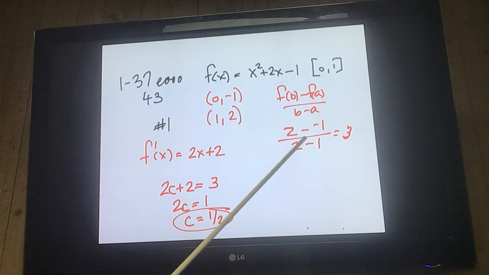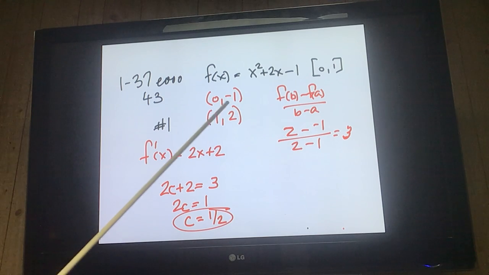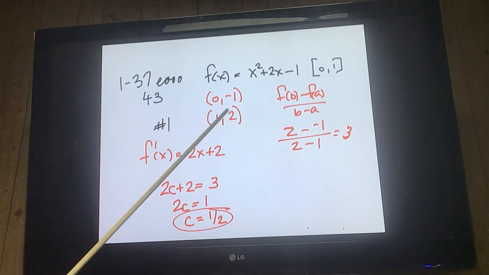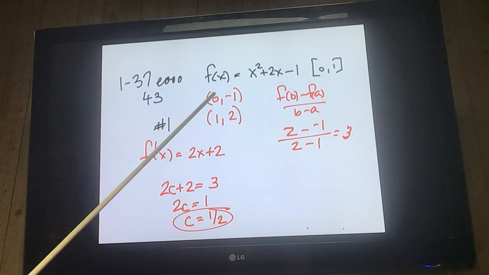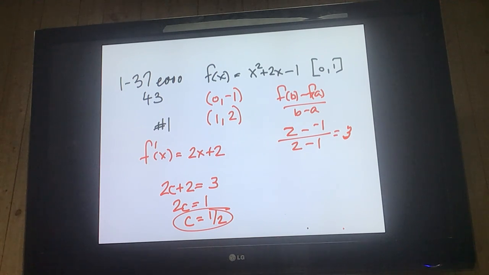So it's not 2 minus 1, it should be 1 minus 0. I don't know why I put 2 minus 1 there. I looked at the wrong thing. 1 minus 0 is 1, which is still 3. So I messed up there. I didn't even notice that when I was doing it. So that's 3.